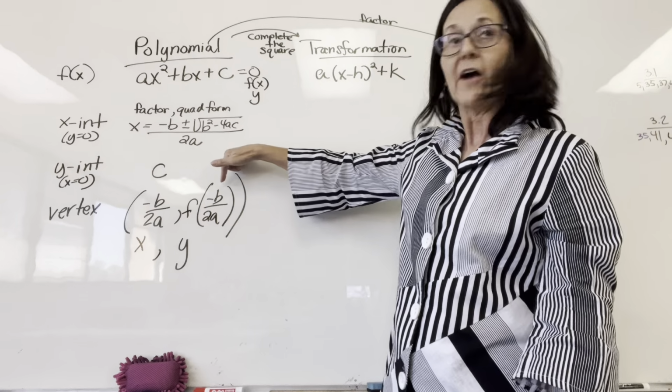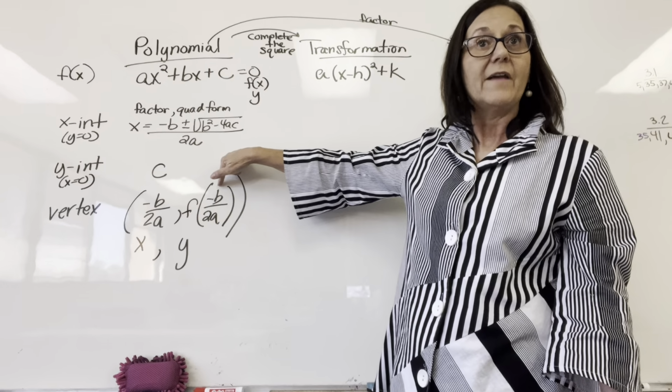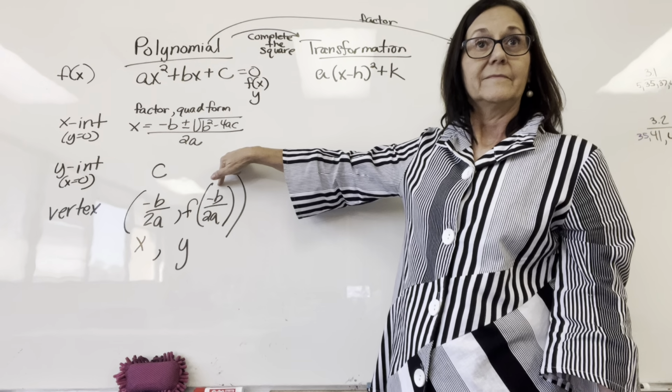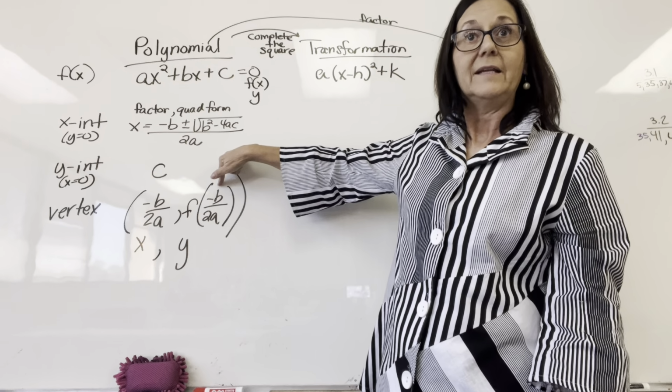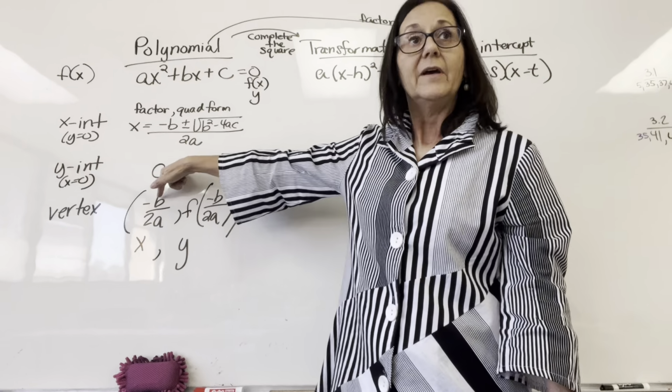I'm plugging this value into the function to get the y value. We've talked a lot about this, right? Suppose negative b over 2a is 3. Let's just suppose that. Then my y value is going to be this. That's what this is notating. Whatever solution I get for x, that's what I'm plugging into the equation to solve for the y value.